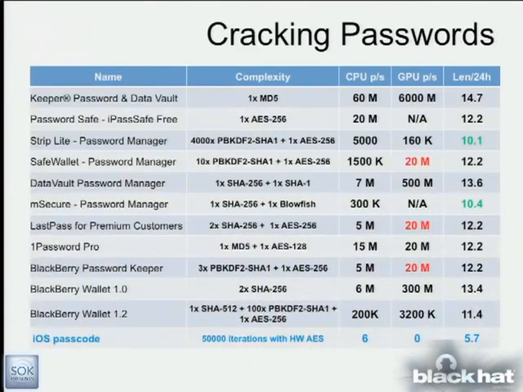And here is the final summary table. Actually, there is a lot of statistical data, but the most significant is the last column. We measure the number of digits in a password that could be brute forced during 24 hours for some of the password keepers.